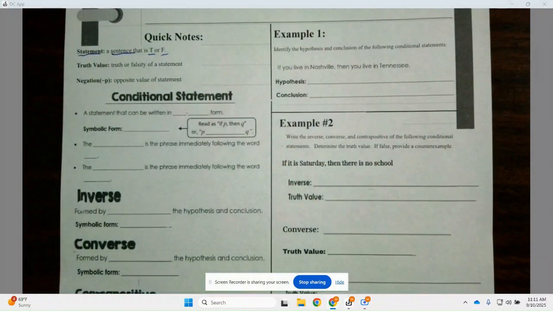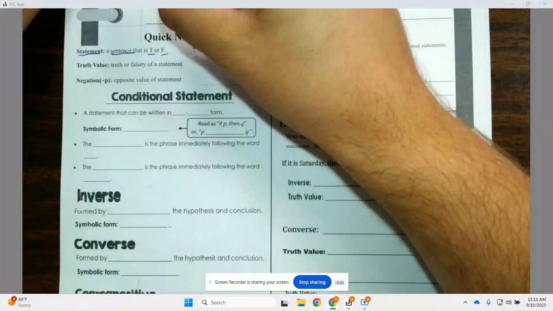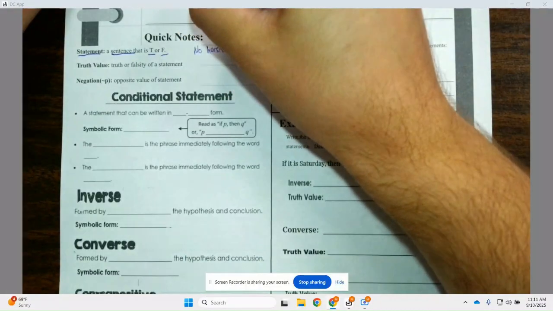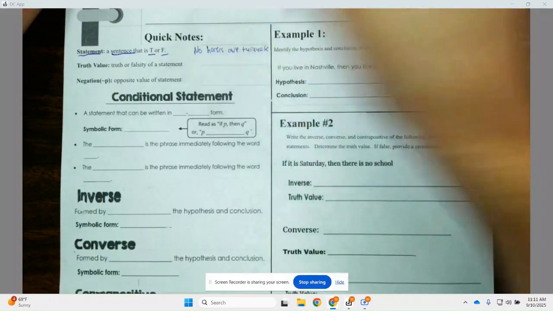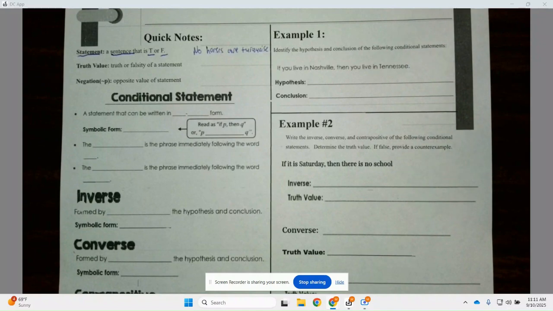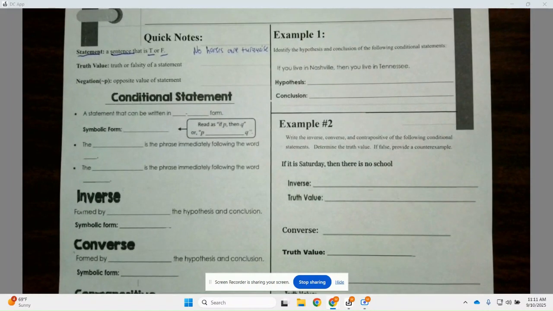Okay? For example, a sentence that might be true is, well, no horses are turquoise. At least naturally born that I'm aware of, there's not really a turquoise horse out there, right? This sentence would be considered true. I have a statement and I want to show whether it's true or it's false, okay?